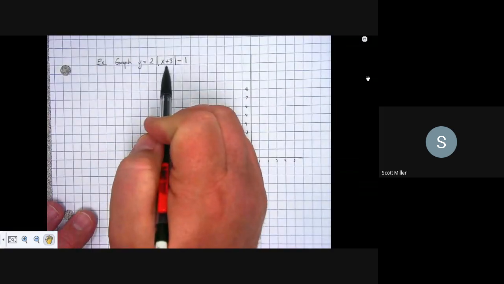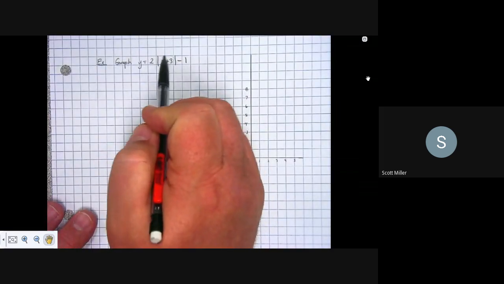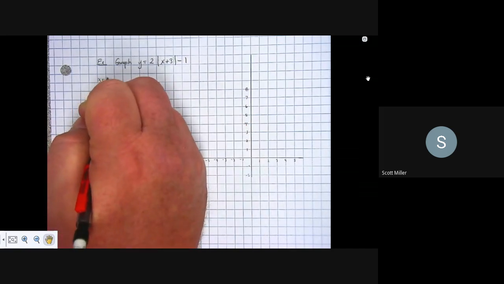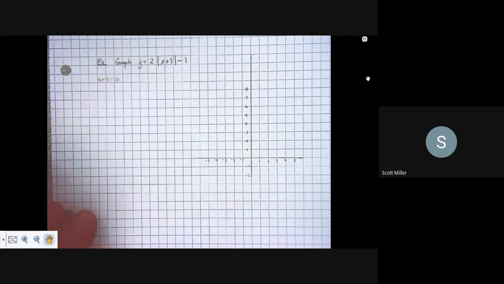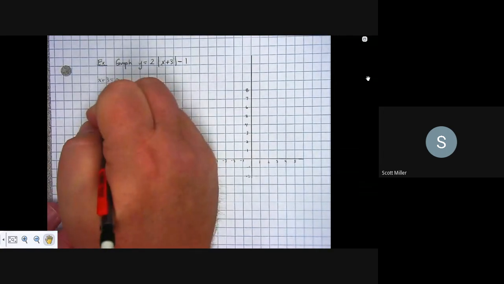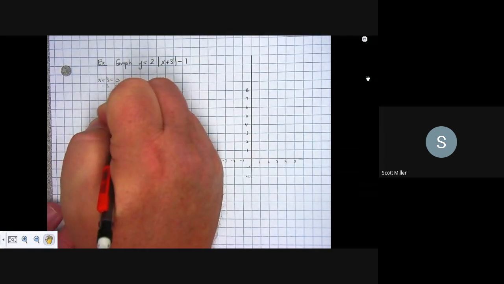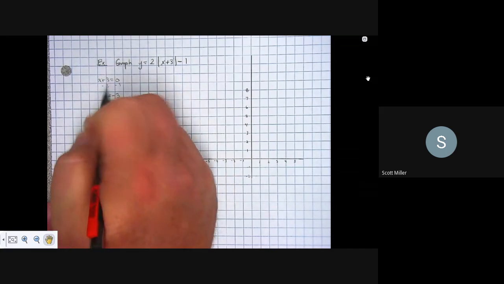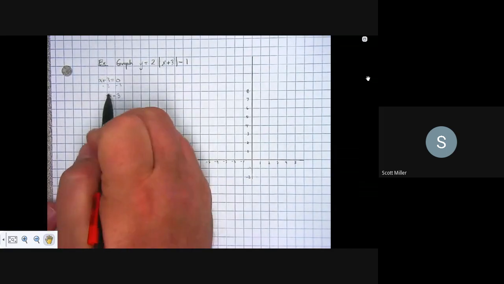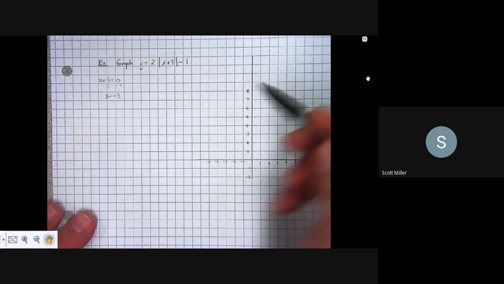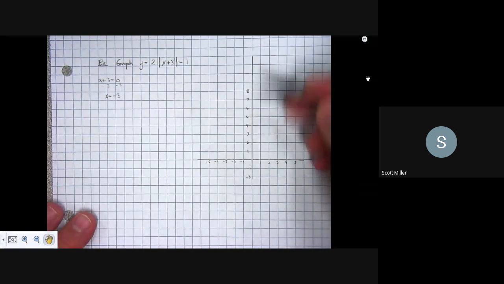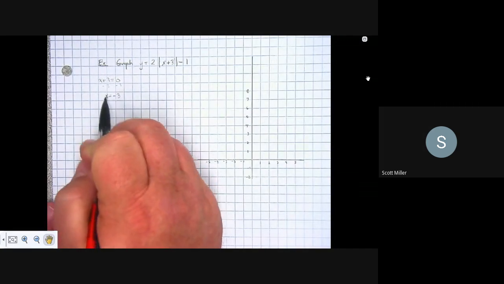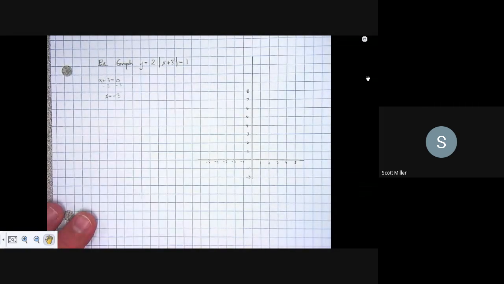Take everything that's in the absolute value right here, set it equal to 0, and solve for x. When you solve for this, subtracting 3, we get x equals -3. And so this x equals -3 is actually the equation of the symmetry line that goes through the vertex. But also this number right here, -3, is the x coordinate of your vertex.